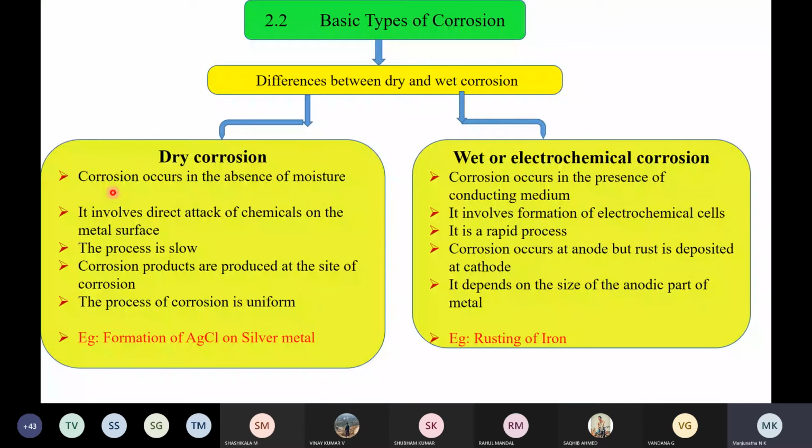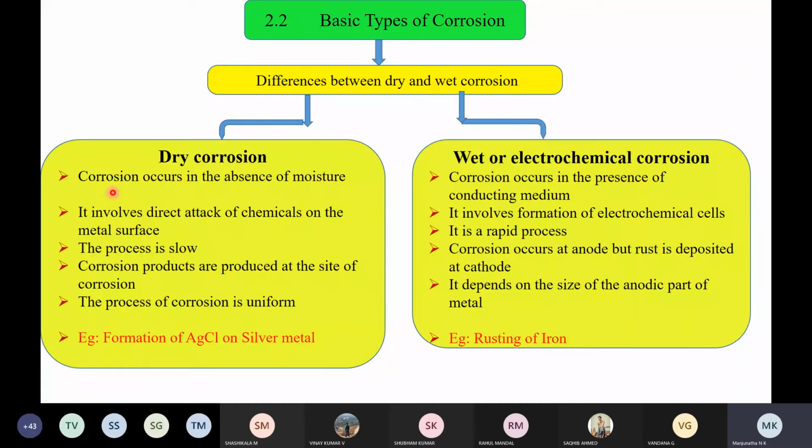Generally, dry corrosion is observed in a dry oxygen environment, meaning in the absence of moisture. Whatever corrosion takes place due to a chemical reaction between the metal surface and dry oxygen in the environment is called dry corrosion.